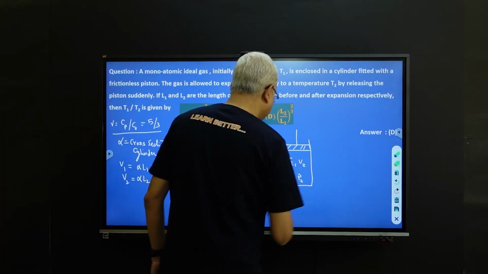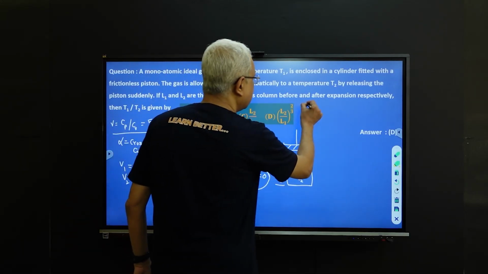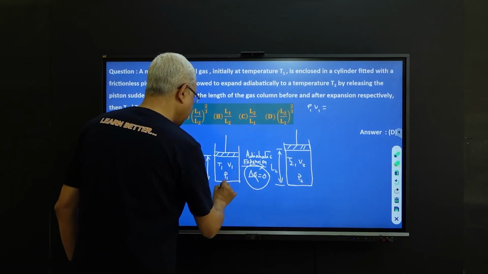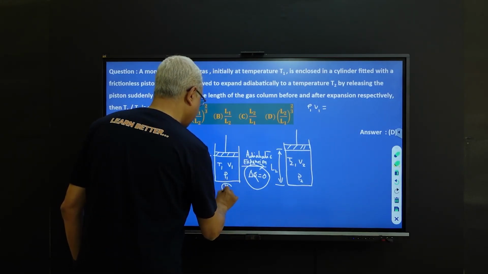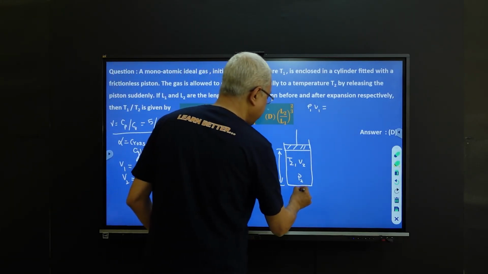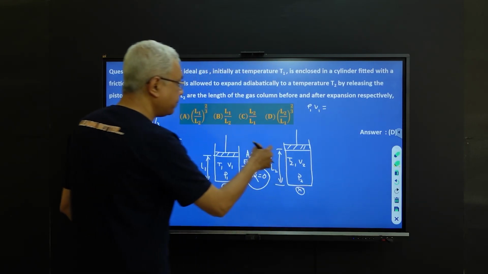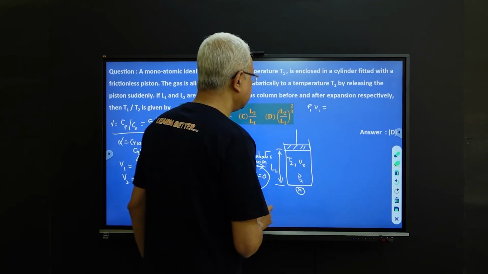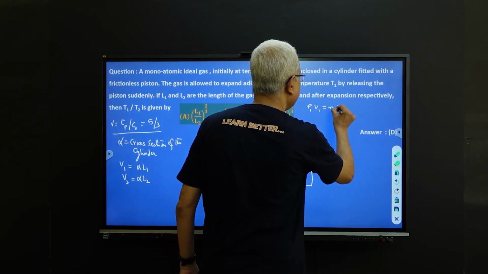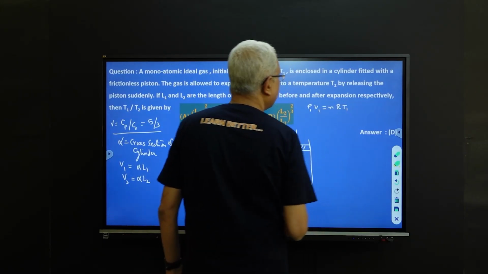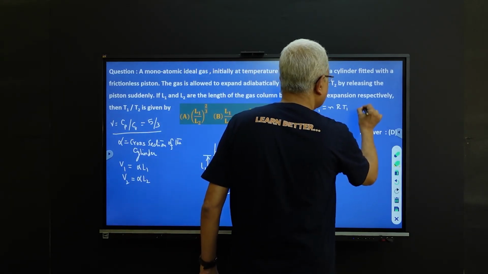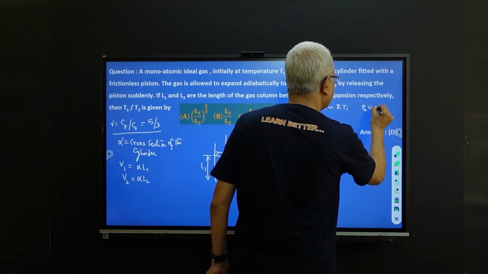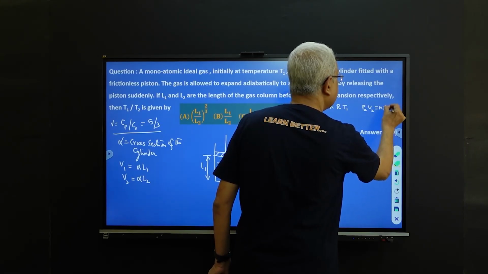Now, if I apply the ideal gas law, and consider there are n moles of gas, the n moles remain as it is, though temperature, volume, pressure all have changed. So P1 V1 equals n R T1 and P2 V2 equals n R T2.